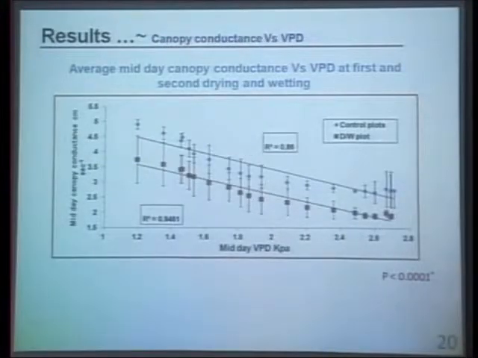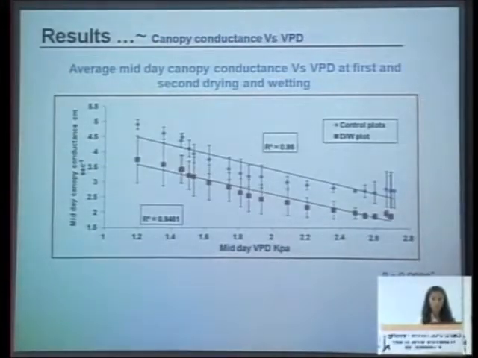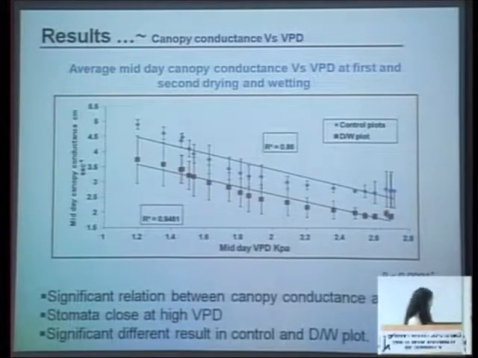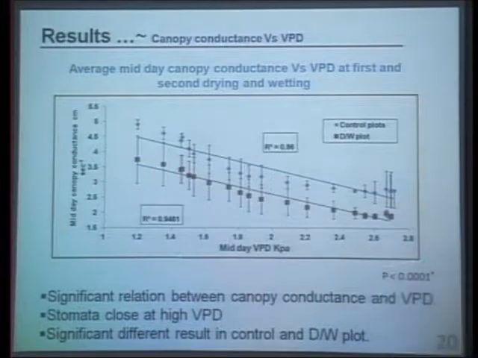Average midday canopy conductance versus vapor pressure deficit in the first and second drying periods: we found a significant relationship between canopy conductance and vapor pressure deficit. In the morning there is high canopy conductance, but in the afternoon less canopy conductance, and this is because of stomatal activity.